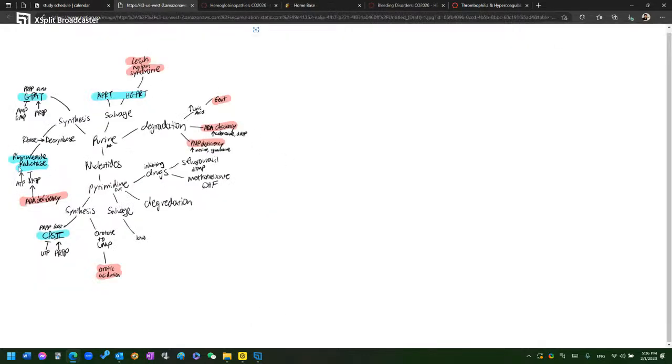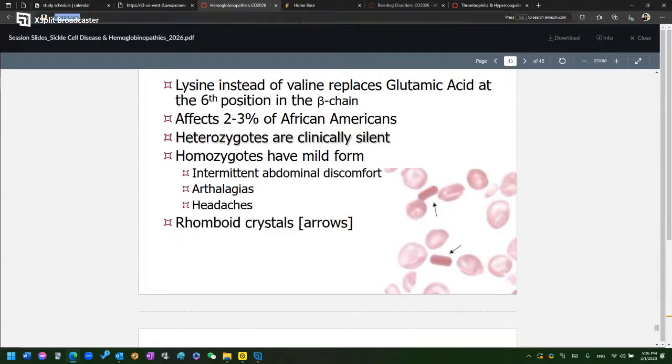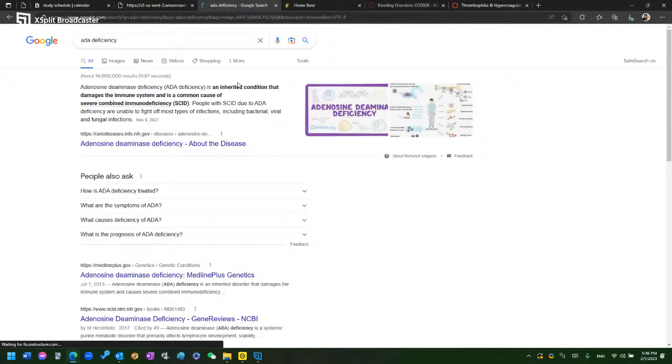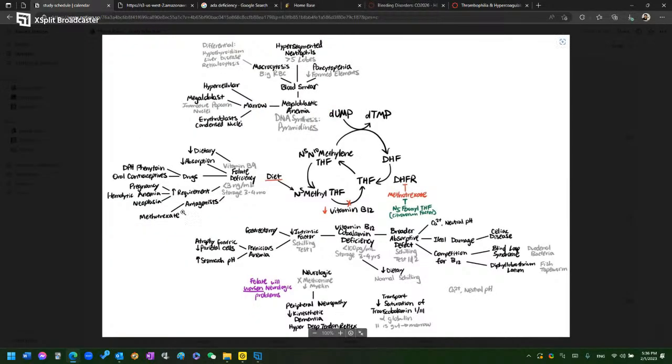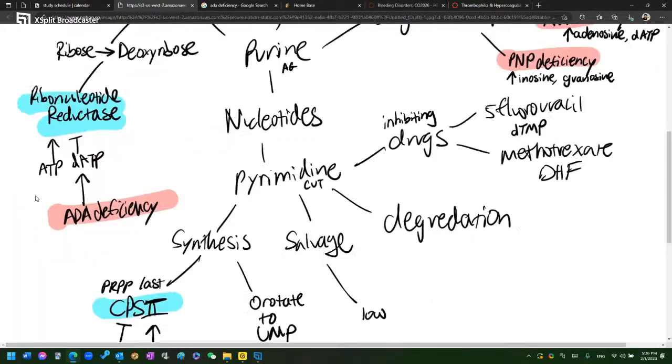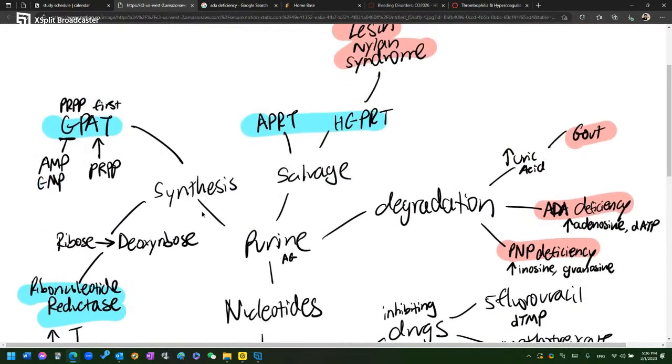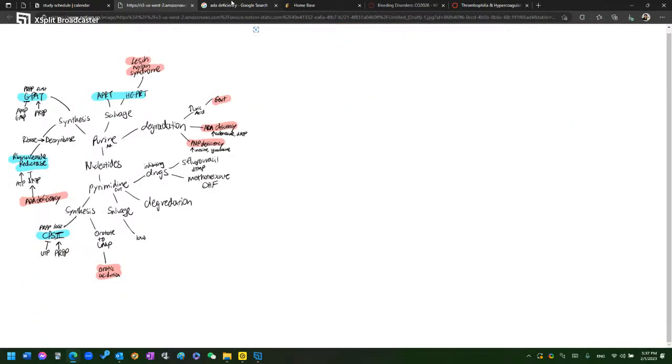And so if we have a problem with that, it's called ADA deficiency, which is important in SCID. They can't fight off bacterial infections because their immune cells are all dead because they can't make DNA, essentially.